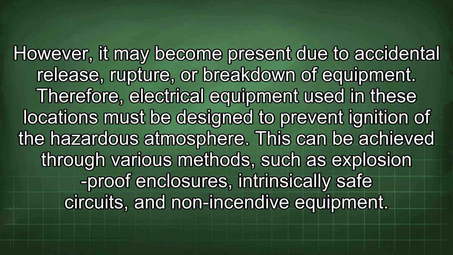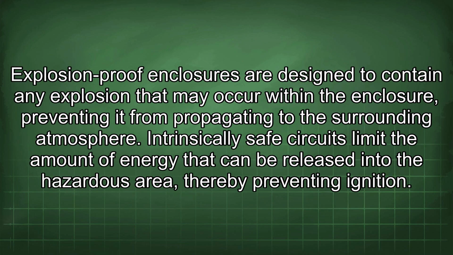This can be achieved through various methods such as explosion-proof enclosures, intrinsically safe circuits, and non-incendive equipment. Explosion-proof enclosures are designed to contain any explosion that may occur within the enclosure, preventing it from propagating to the surrounding atmosphere. Intrinsically safe circuits limit the amount of energy that can be released into the hazardous area, thereby preventing ignition.